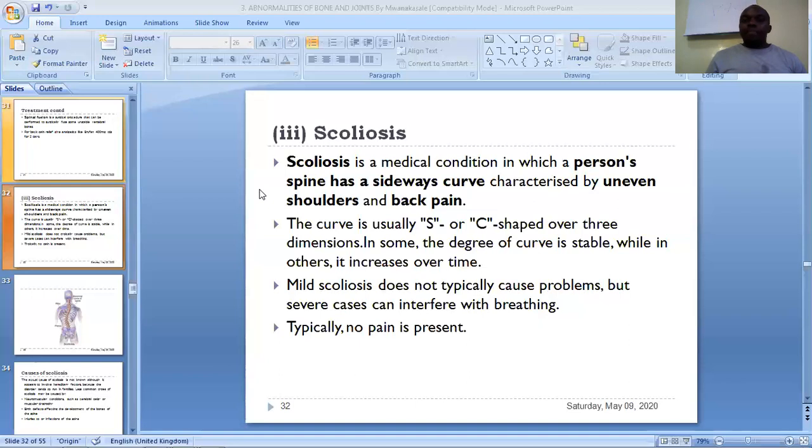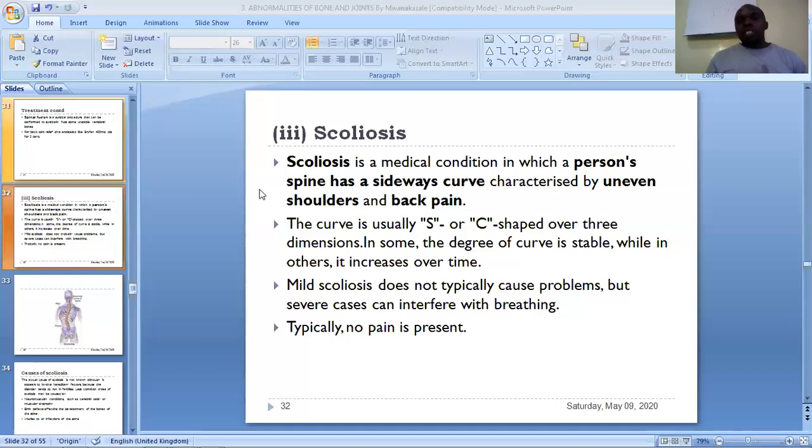So in some, the degree of curve is stable, meaning that it does not give them much problems. While in others, it increases over time, especially those that are involved in heavy lifting. Then the S or C-shaped spine keeps worsening because of the load.